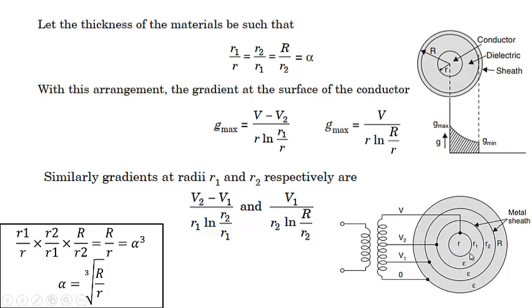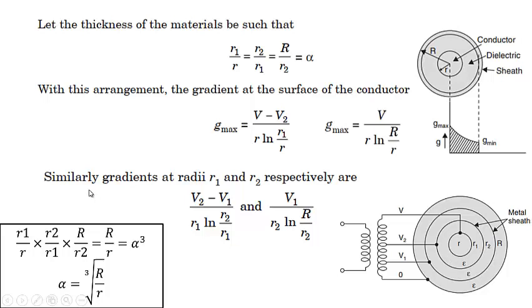So we have to find the voltage between r and R1, and also the distances will be from r to R1. That is why this equation will be like this. It has been derived from this. The voltage appearing is V minus V2, and the starting point is r and the ending point is R1 in this case, whereas before the ending point was capital R. So this is the gradient at the surface of the conductor.